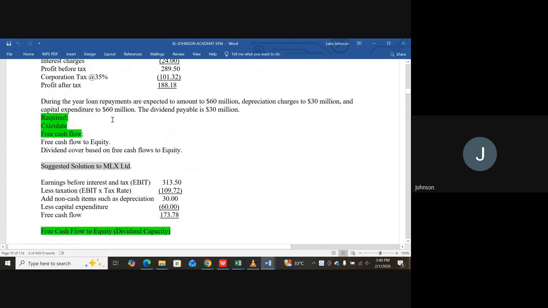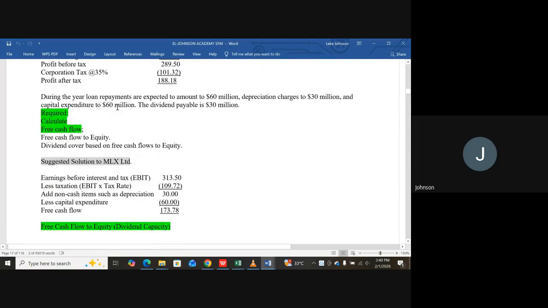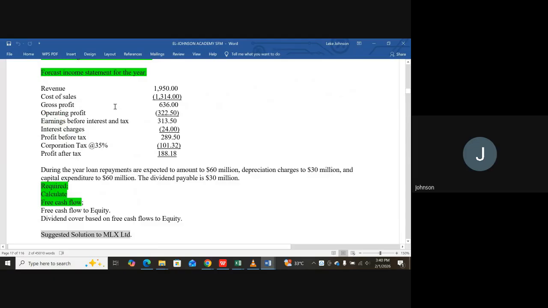Then you now ask yourself, are we paying? Does the free cash flows you want to get belong to only the equity holders, or does it belong to the debt holders? Once you are able to determine that, it will tell you whether you needed to settle, to pay interest, or you don't need to pay interest at all.